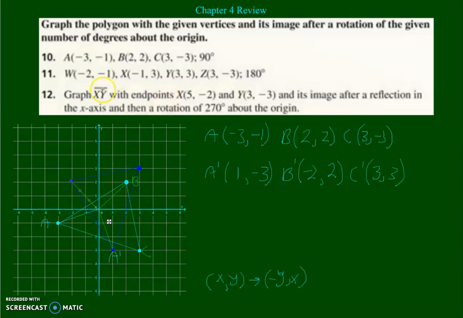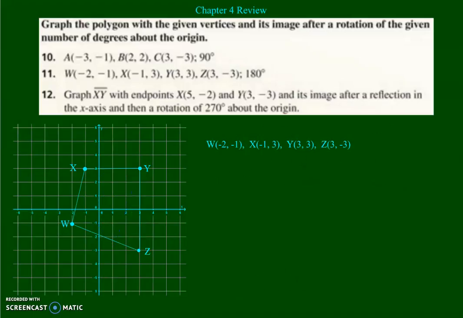This, of course, being B prime. And the same thing would be true with C, from C to C prime. So that is problem 10.